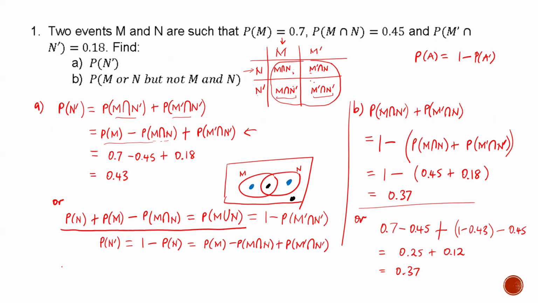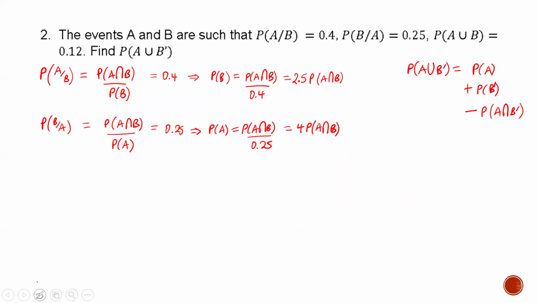The probability of the union, or the number of members in the union, is the sum of the probabilities of the two sets minus the probability of the intersection, or the number of members in the two sets minus the number of members in the intersection, because you don't want to count the intersection twice. So that applies also to the complement of another set, because the complement of another set is just another set.